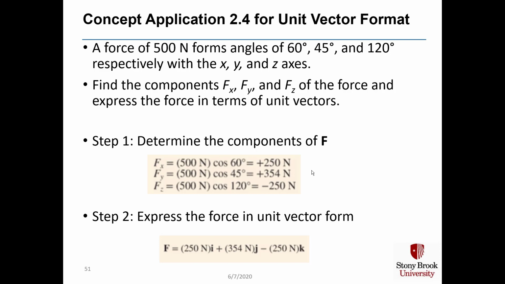And we can express the force in unit vector format. We just take our f sub x value of 250 newtons, multiply by i. We take the y component of 354 newtons, multiply by j. And we take the z component, minus 250 newtons, and multiply by k.